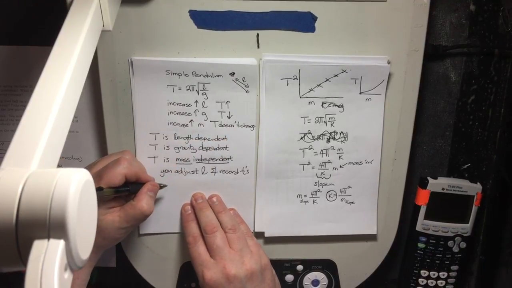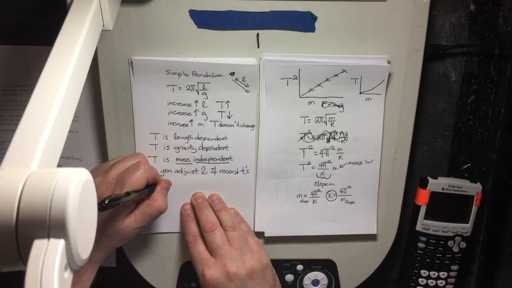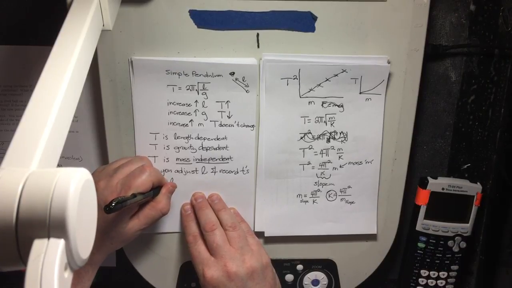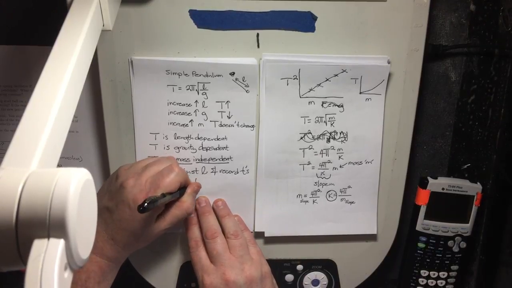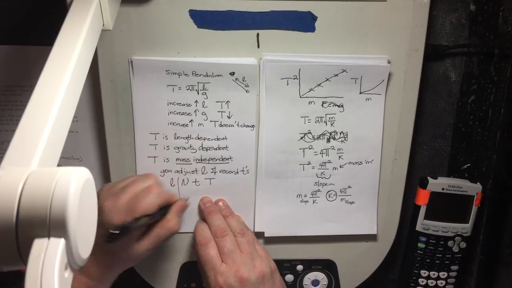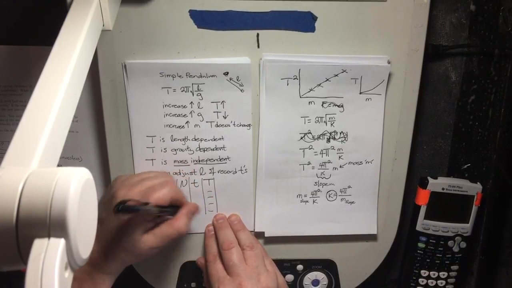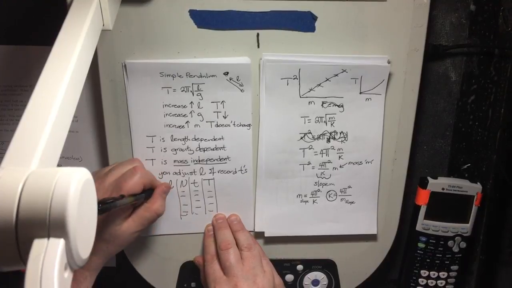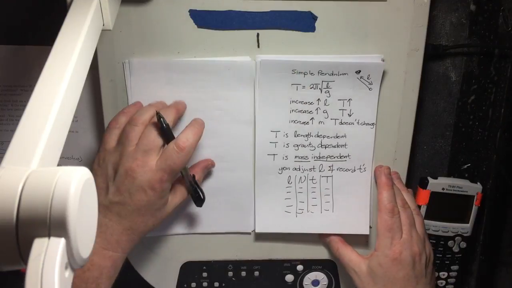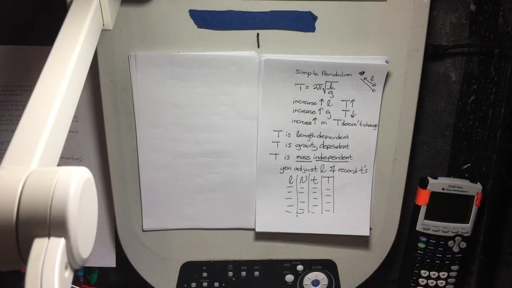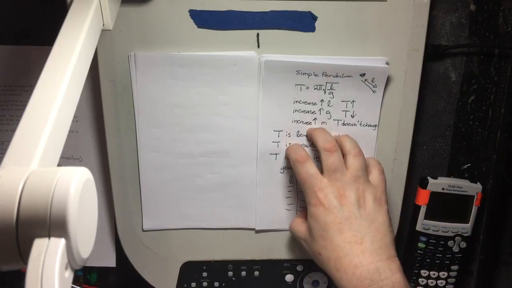So you're going to have L, and you're going to record the number of oscillations and the time and the period, and you're going to get a whole bunch of information. And I think there's a subset of the problem where you have one length of string, you bob it, you determine the period, you change the mass, you bob it again, and you determine that it doesn't change.